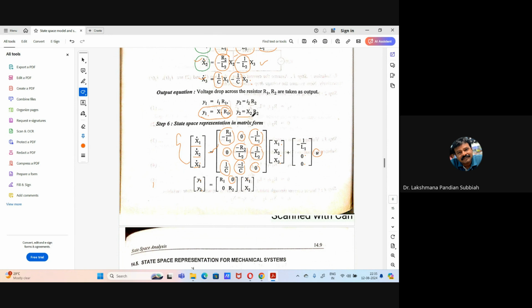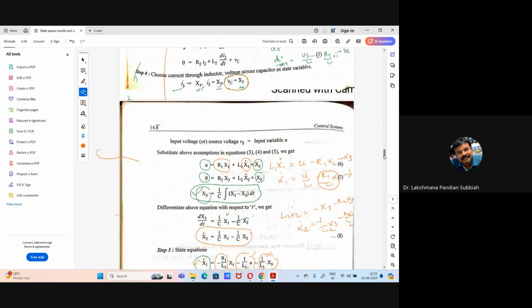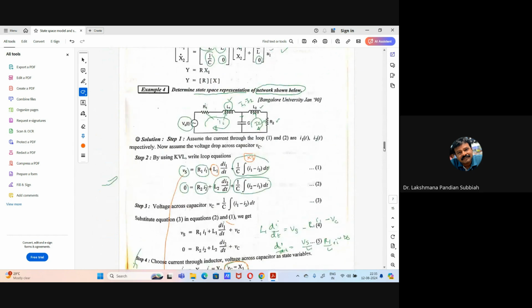For the second equation y2, the x1 term is 0 and the x2 term is R2. So this is the state-space representation in matrix form for the problem, which is an electrical network or electrical circuit.